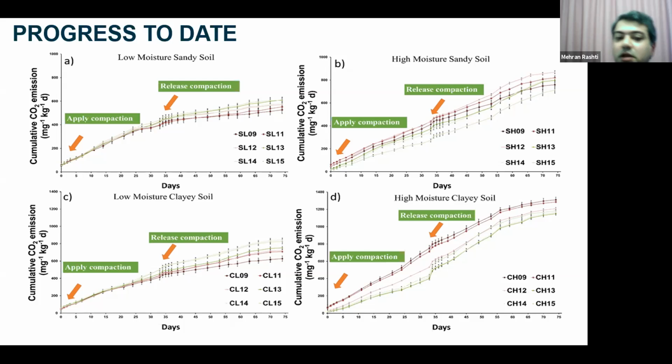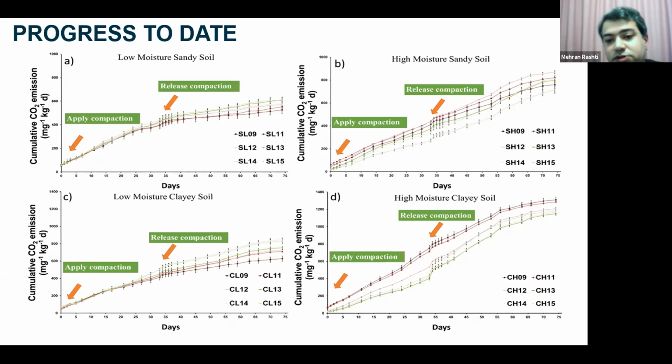But when you release the compaction after 30 days, you see a different recovery process in different compaction levels. So soils do not recover the same. And if you continue the experiment for another 1 or 2 months, the soils that have been under lower compaction stress recover faster and have a better chance to gain their functionality.